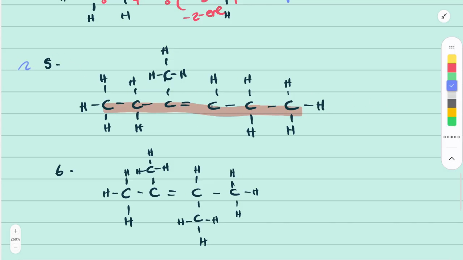So with this molecule again, we see that this double bond is 3 carbons away from the left, and 3 carbons away from the right. So which side do we take?